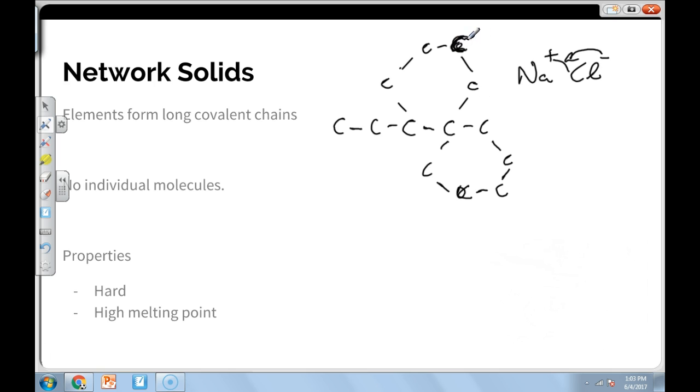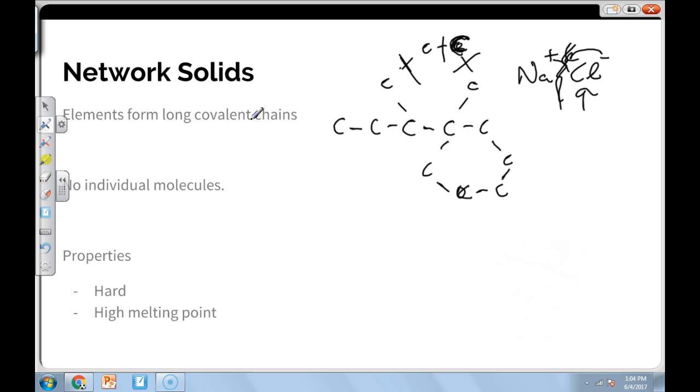Well, now when we have a network solid where all these guys are bonded together, that network solid is really kind of neat because it's not attracted. It's not an intermolecular force. It's an actual bond. So when we talk about melting points and boiling points of these guys, they're going to skyrocket, because you have to heat it up enough to break the bond, as opposed to just forcing the atoms to come apart because of an intermolecular attraction, an intermolecular force.